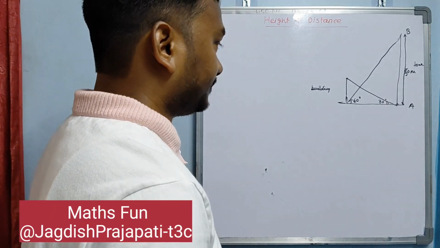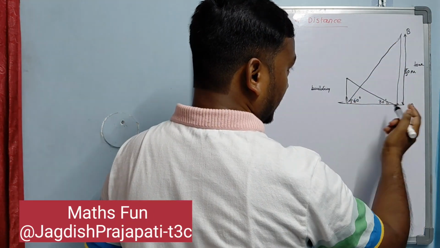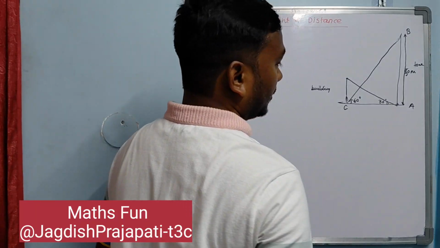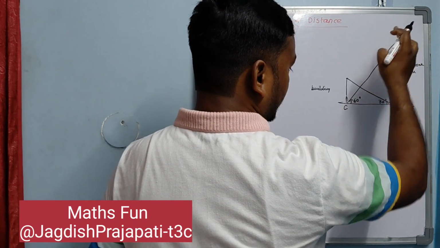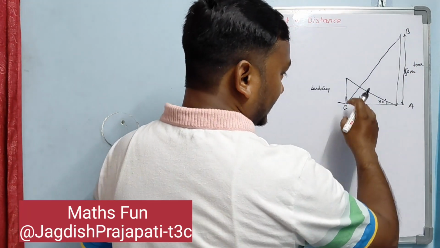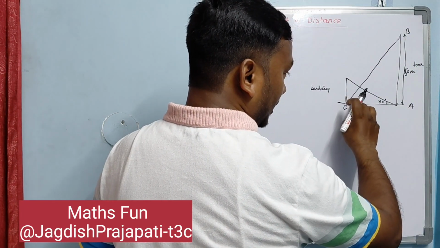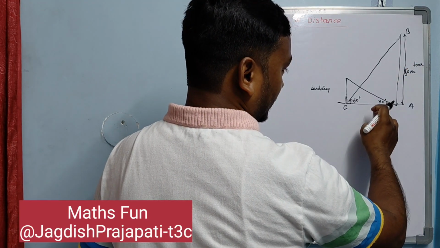Now see, if you see this triangle, let's say this is C. So if you see this triangle ABC, then this angle is known, and for this angle this will be the perpendicular and this will be the base.